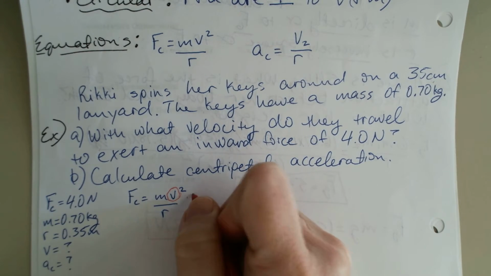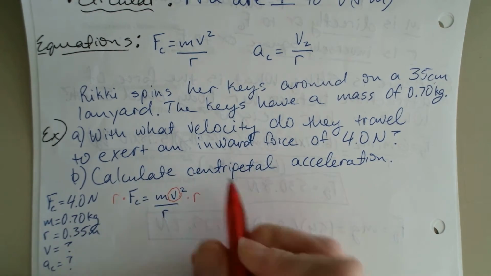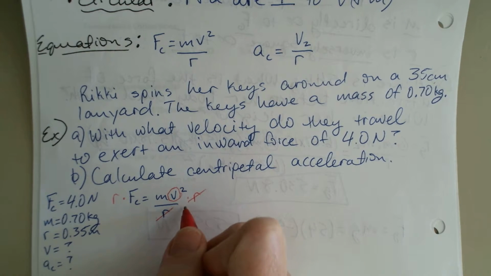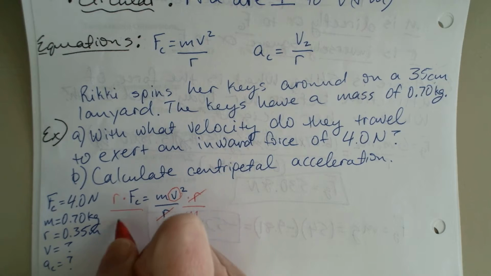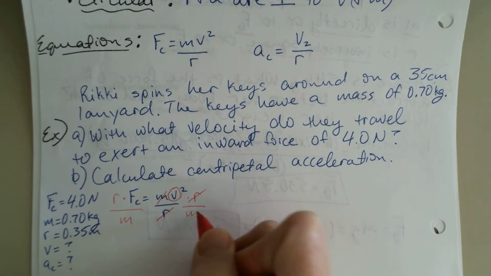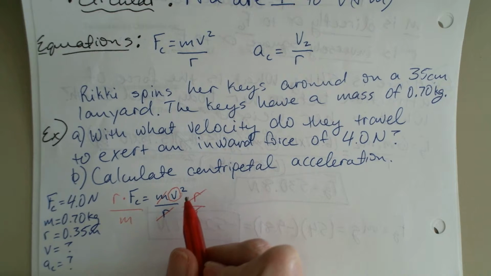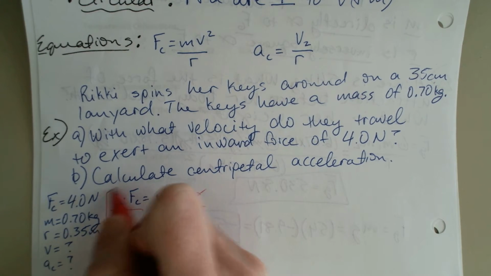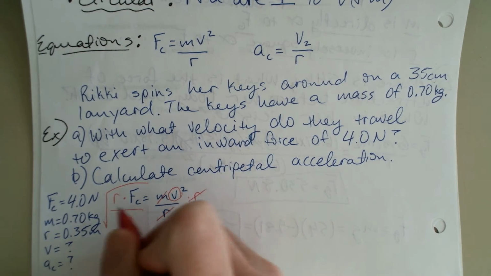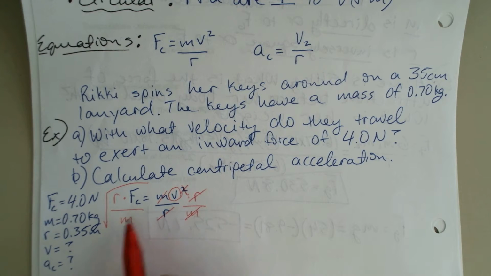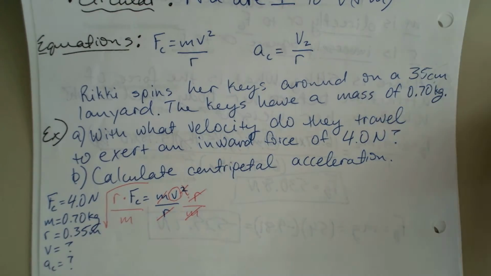So I'm going to multiply both sides by r. So then r will cancel on the right. Then I'm going to divide both sides by m, so m will cancel on the right. Then I just have to get rid of the square. Well, to get rid of a square, you square root both sides. If I square root that side and I square root that side, I get rid of my square. So then v equals the square root of r times Fc over m, and I have r, Fc, and m. So now I can just plug them in.